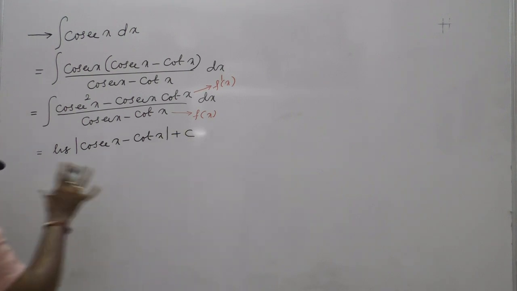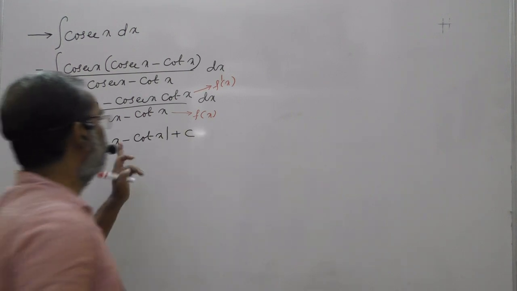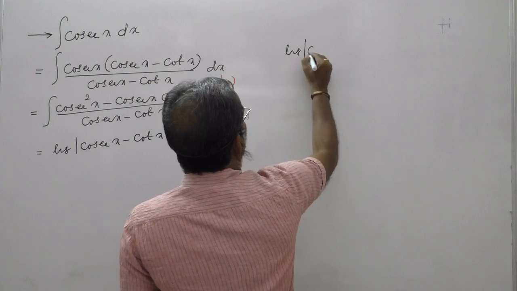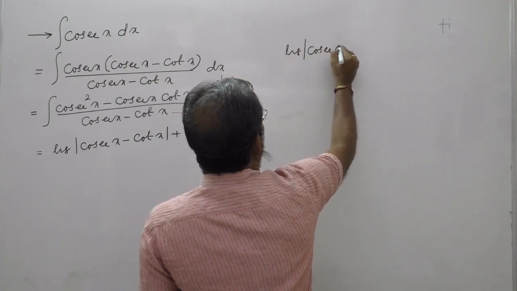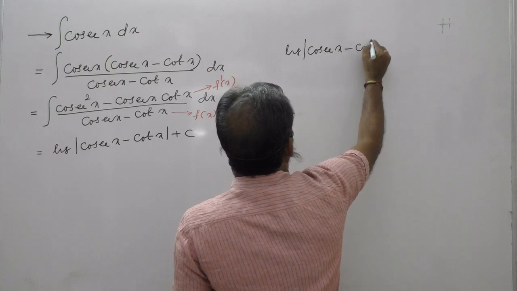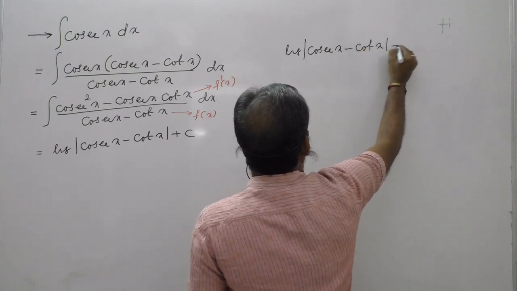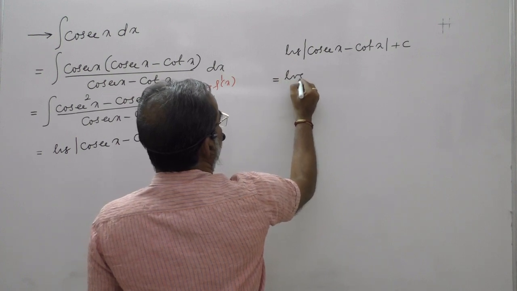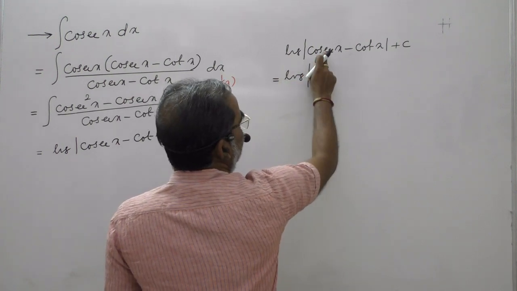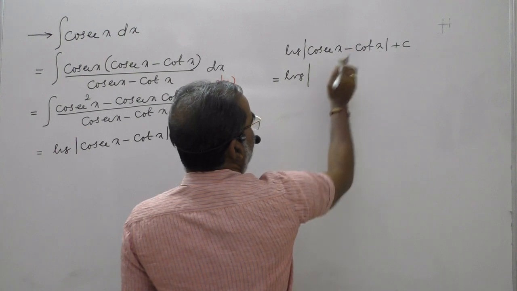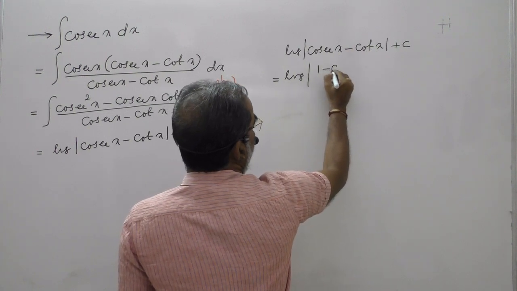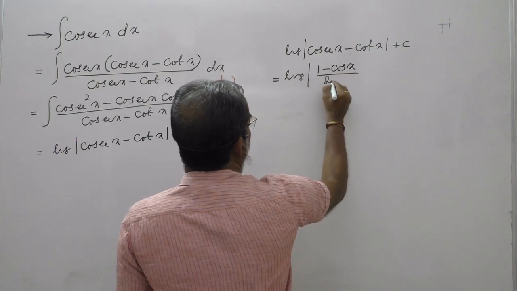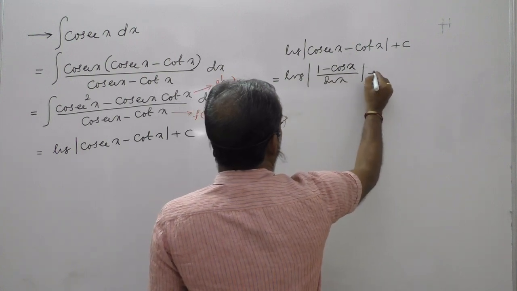This is the integral of cosec x. This can be simplified. Log of cosec x is 1 by sin x and cot x is cos x by sin x. Therefore, log of 1 minus cos x by sin x plus c.